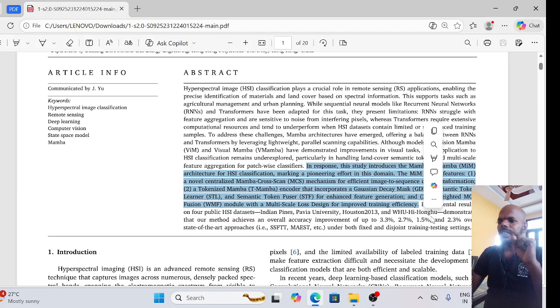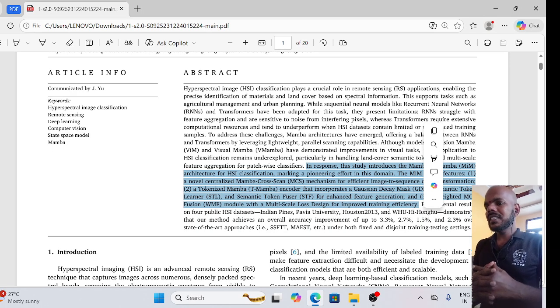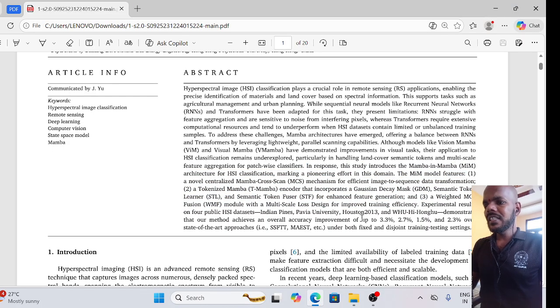Next, they write that experimental results were obtained on four public datasets. That means how they are doing experimentation and what kind of datasets they use. After discussing the datasets, they discuss the overall results, and then their final conclusion.